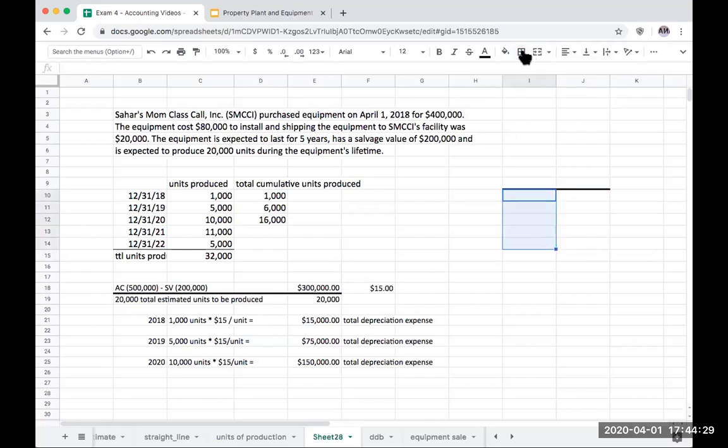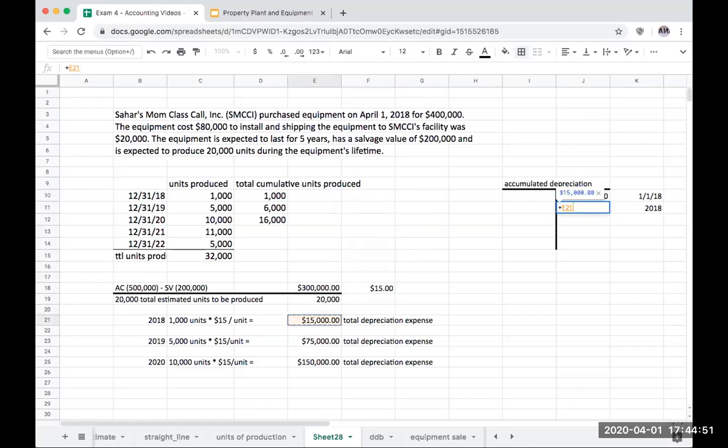If I was just to take a look here at my accumulated depreciation balance, it had a beginning balance on 1/1/18 of 0. I depreciated the equipment by a total of 15,000 in 2018.